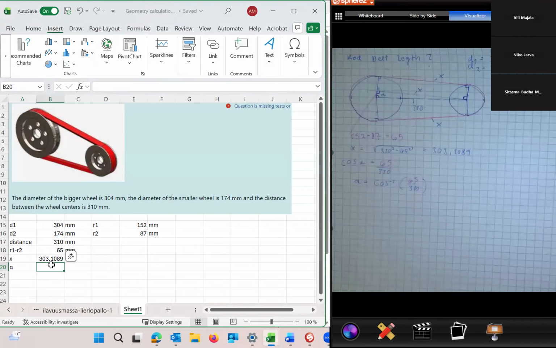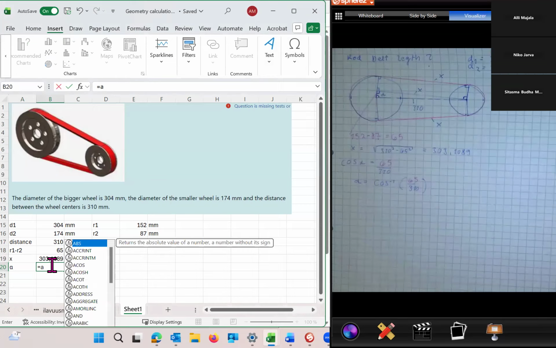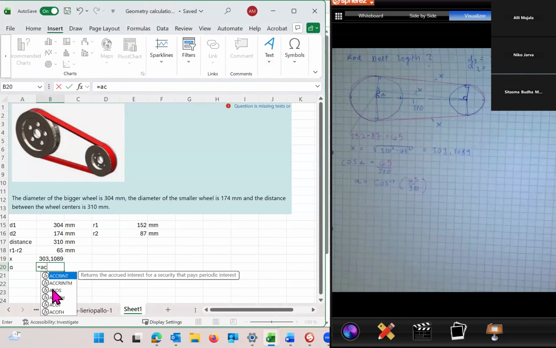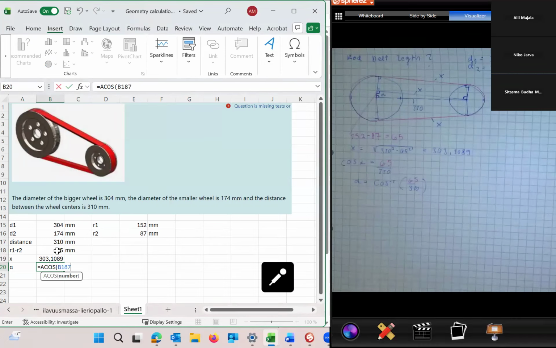So it's the cos. And then I can take 65 divided by the 310, which is the distance. And then I still get this now in radians, don't I? So I have to put one more command.